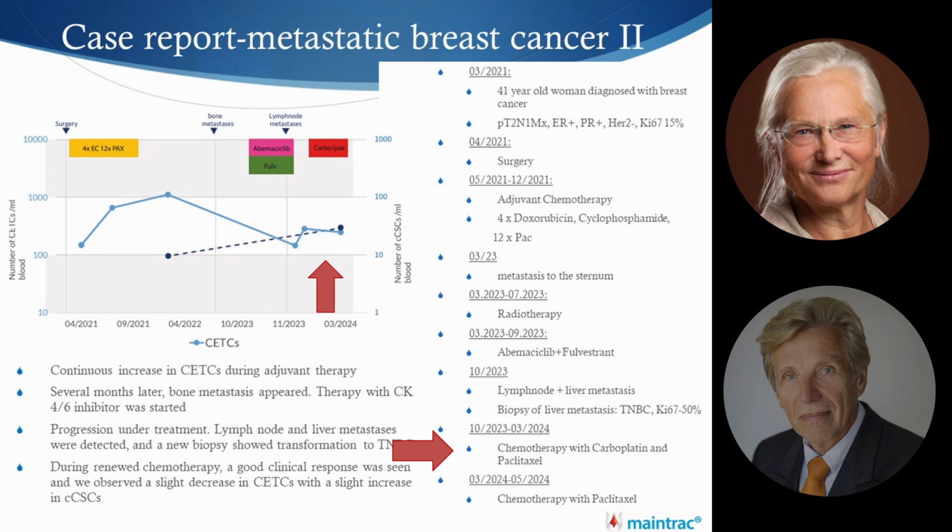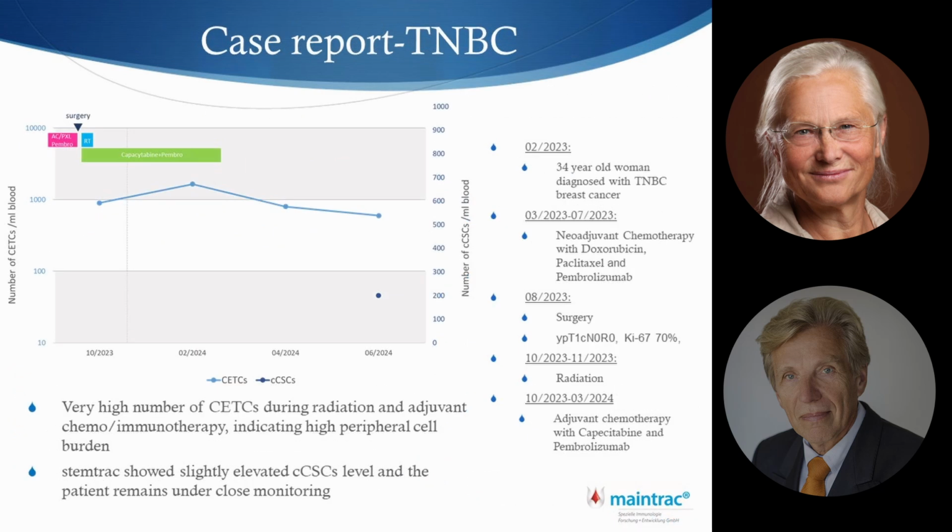This is another patient who had a triple negative breast cancer, a very young patient. She again was treated with neoadjuvant chemotherapy, doxorubicin, paclitaxel, and in addition, pembrolizumab, an antibody checkpoint inhibitor. We didn't monitor her before, but she then had surgery and radiation, and at that time, she had quite high cell numbers.